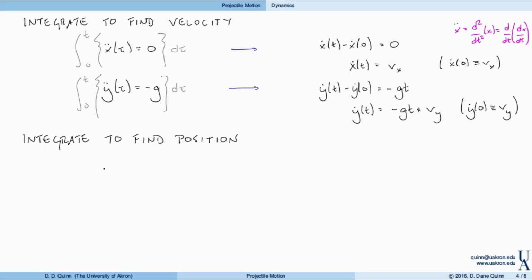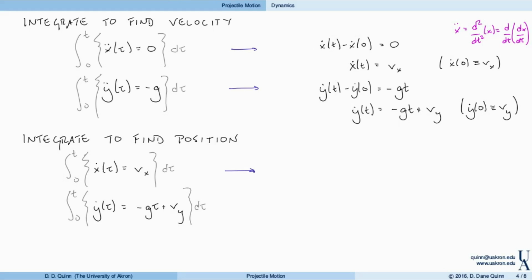So again, using tau as a dummy variable, x dot of tau from this expression is equal to vx, integrated from 0 to t. And y dot of tau is minus g times tau plus vy, integrated from 0 to t.